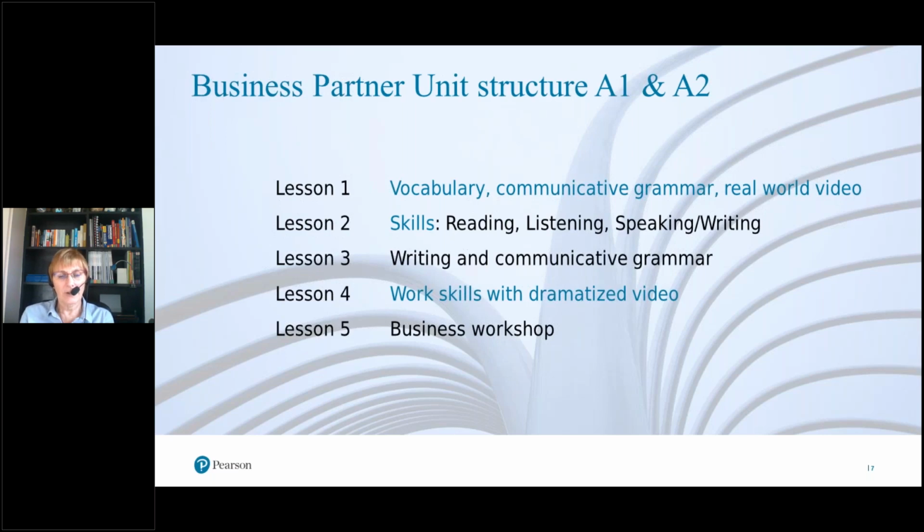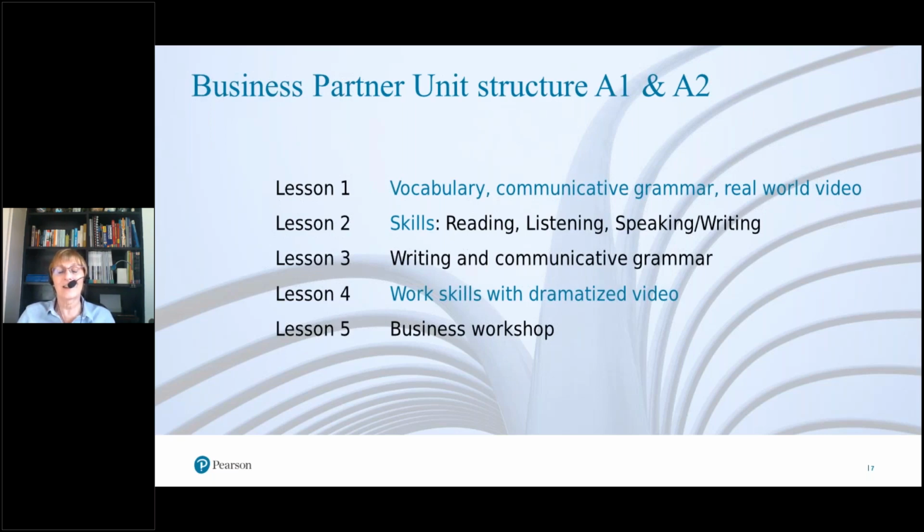I'd like to say that there are two key differences between A1 and A2 levels of Business Partner and the other six levels. The first is that there is a linear approach to the course.